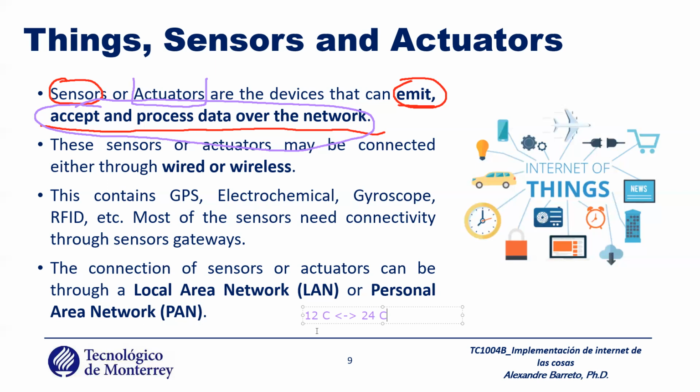Yes. Okay. So if the equipment has the capability to receive a command, for example, turn on the equipment, this sensor has an actuator. Okay. If you only send information to the internet or to the network, it is a simplistic sensor.